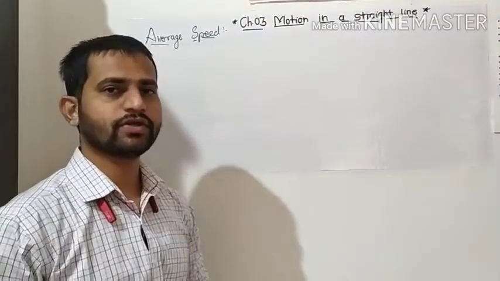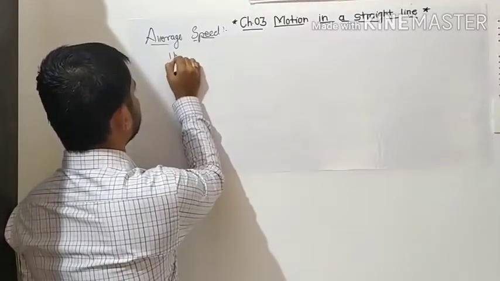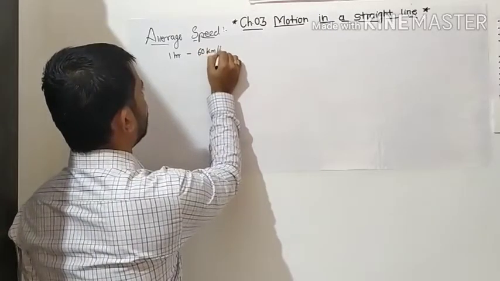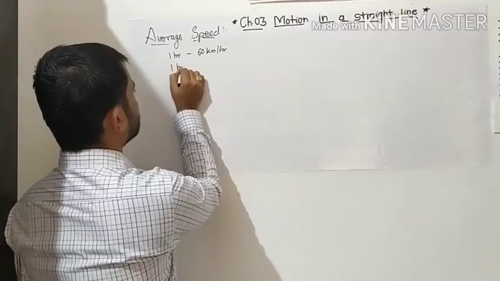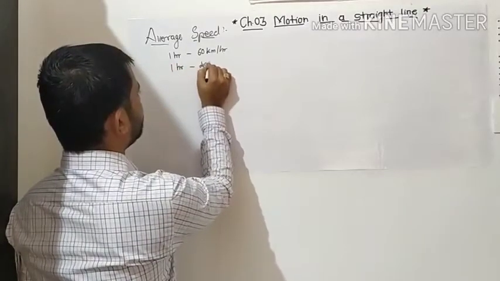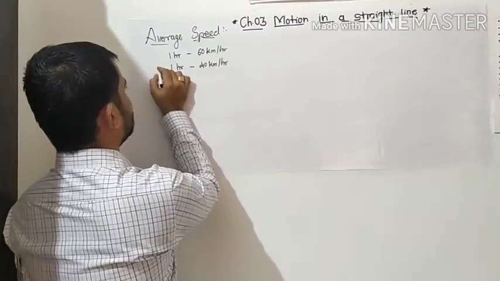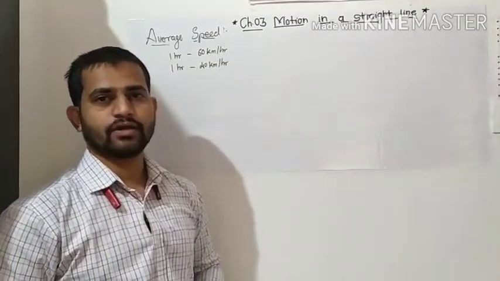That is, for the first 1 hour it is traveling with 60 km per hour, and for the second 1 hour it is traveling with 40 km per hour. Okay. So how much will be the average speed of that car?